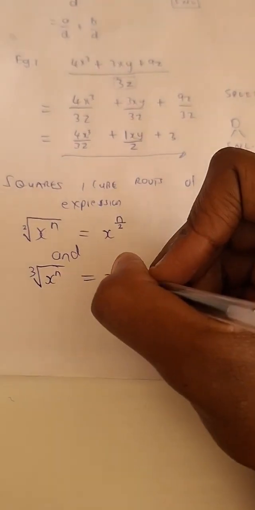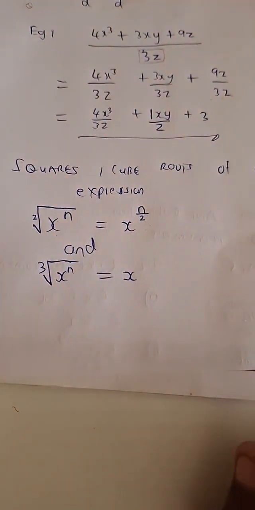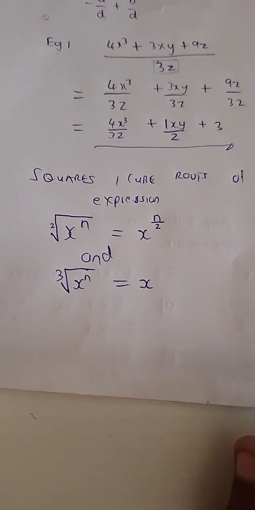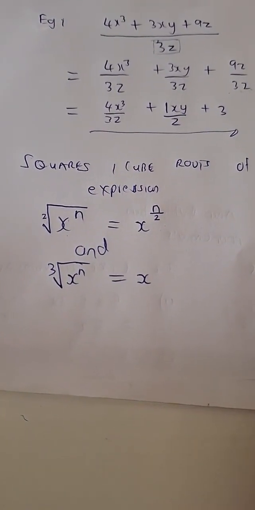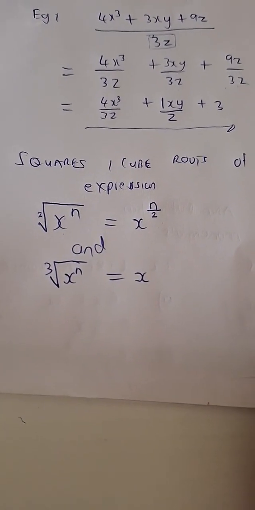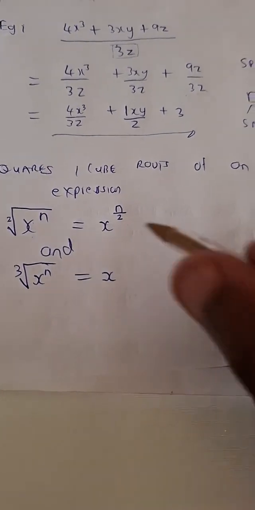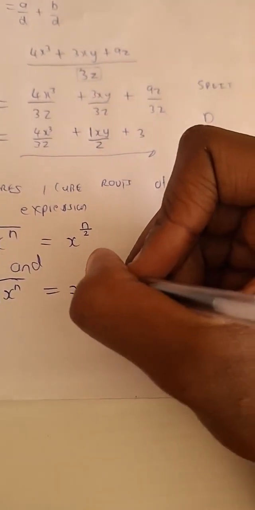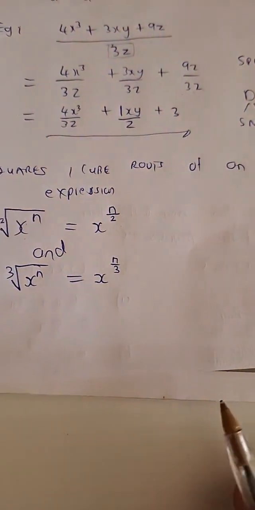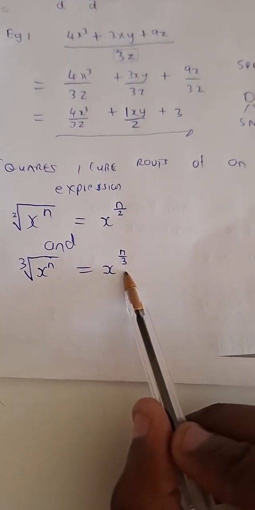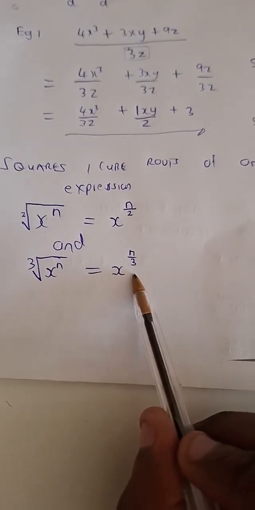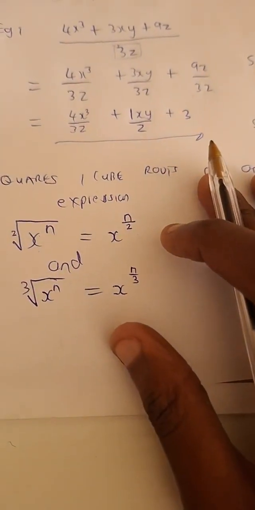Okay, so obviously x will be our base still, but when we remove the third root, which is the cube root, this becomes very true. I love the people in the comment section who are with me here. It becomes x to the power n over 3. Okay, are we feeling this? Are we vibing to this?